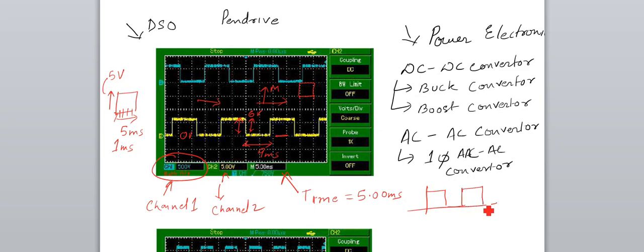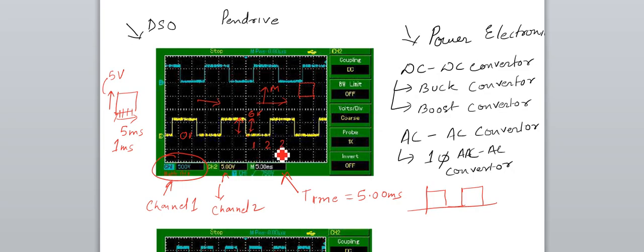Now to calculate the total time of one complete cycle, where the waveform repeats, we count the squares: there is one complete square here, one here, one here.